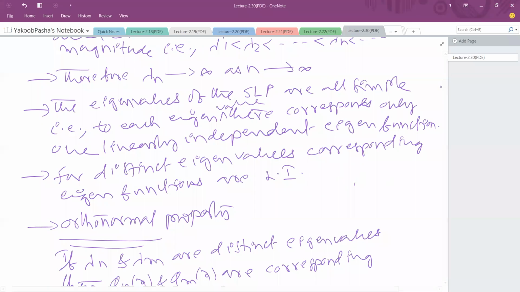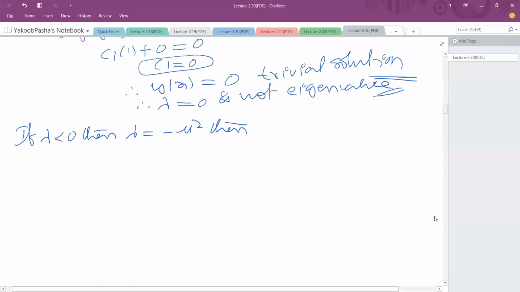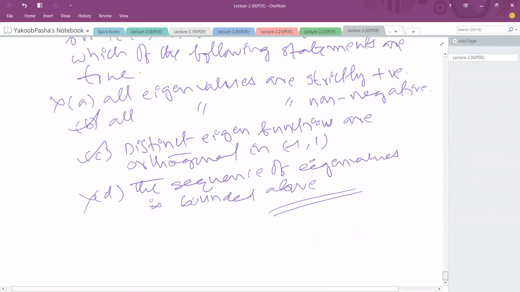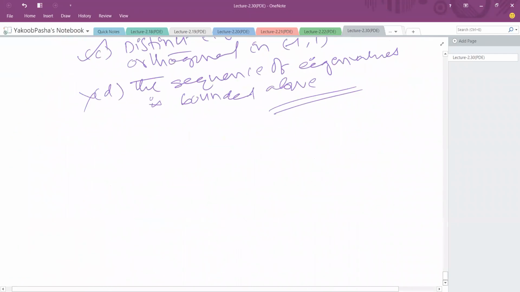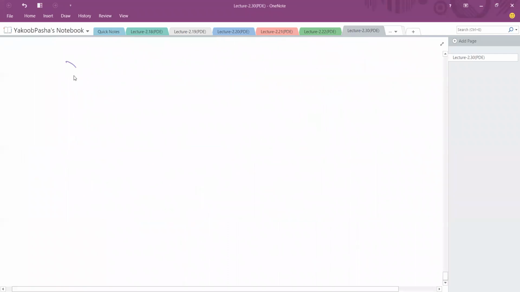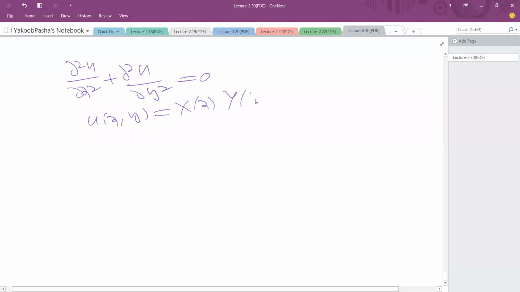First I am taking the Laplace equation. The Laplace equation is rho square u by rho x square plus rho square u by rho y square is equal to 0. For this Laplace equation, it is a function of two independent variables x and y. Let X of x into Y of y be the solution.